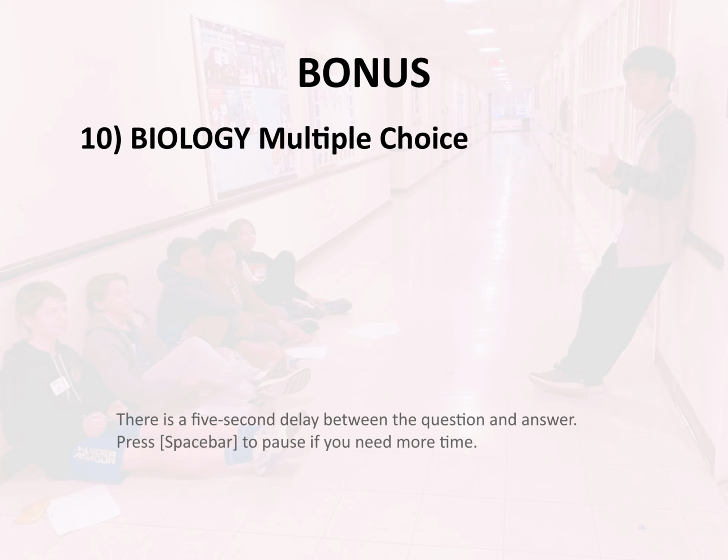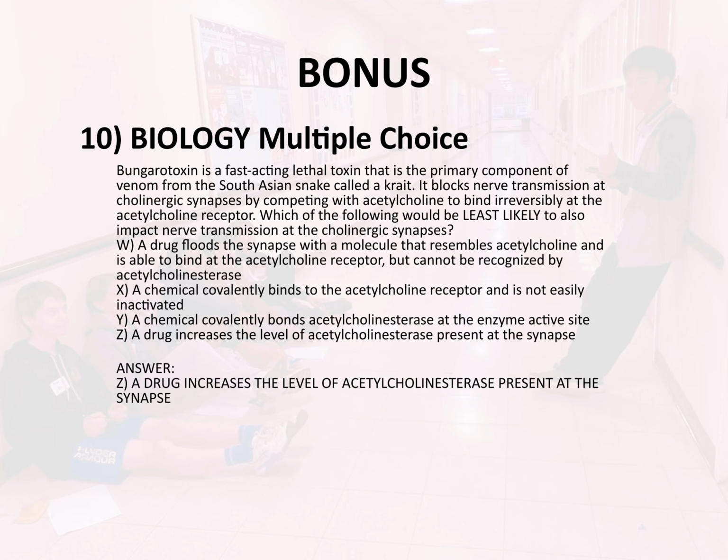Y. A chemical covalently bonds acetylcholinesterase at the enzyme active site. Z. A drug increases the level of acetylcholinesterase present at the synapse. Answer. Z. A drug increases the level of acetylcholinesterase present at the synapse.